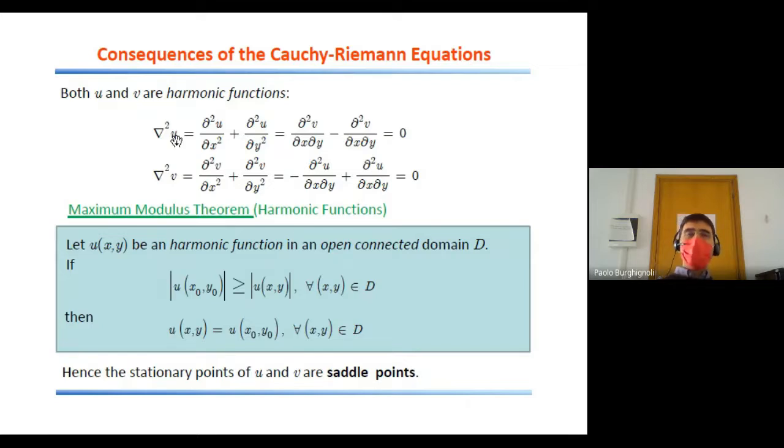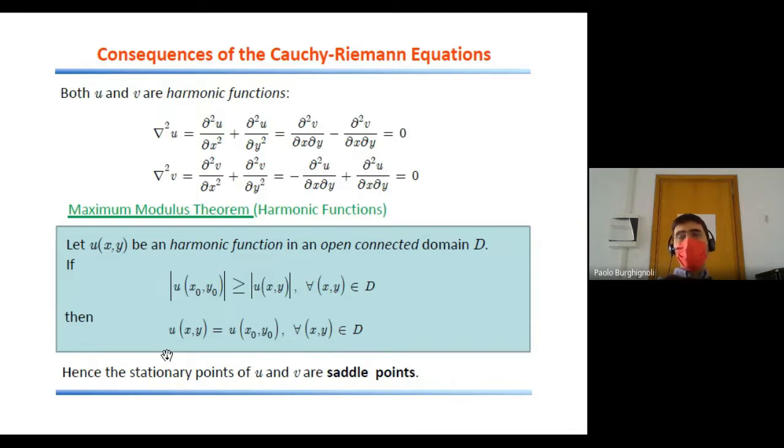plane. And we may recall from our second lesson that for harmonic functions, a version of the maximum modulus theorem holds that reads, if u is a harmonic function in some open connected domain D of the plane, then if the absolute value of u at some point x0, y0 is larger or equal to the absolute value of u at any point in this open connected domain, then it results that u is constant in this domain.